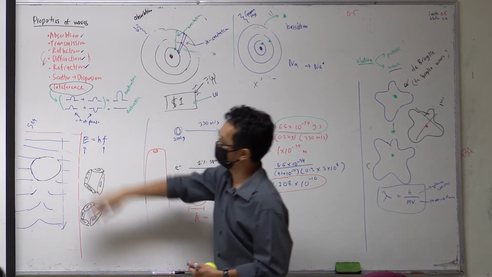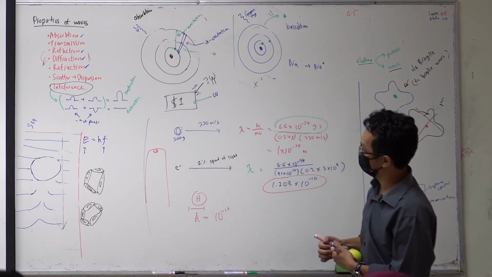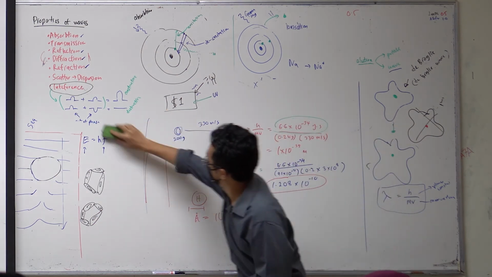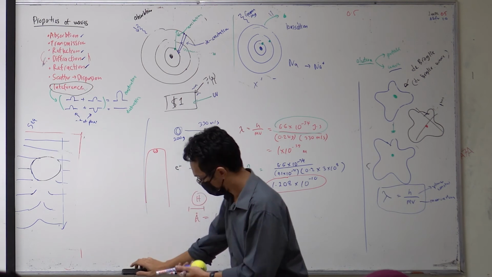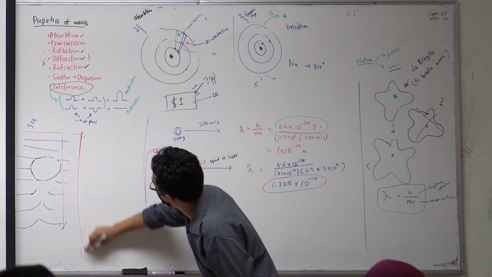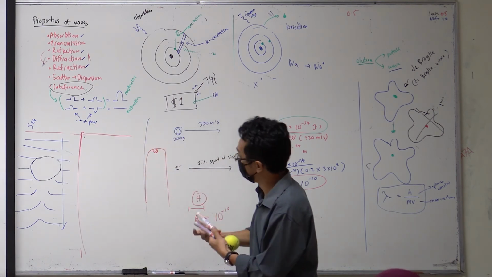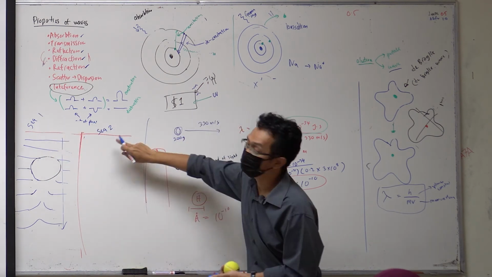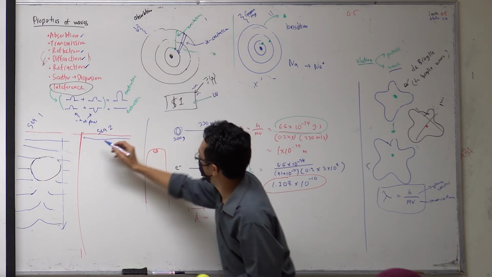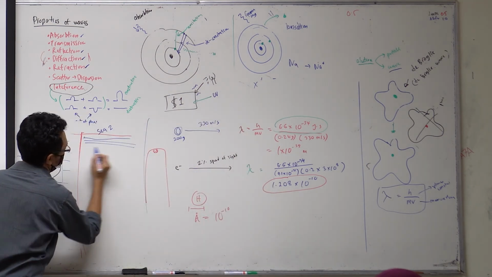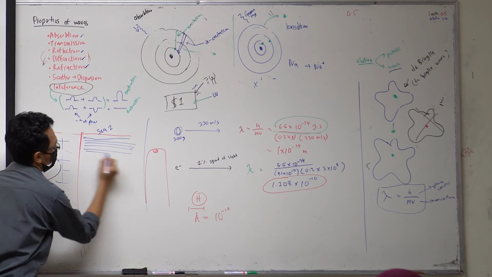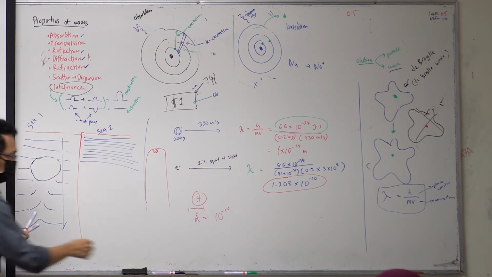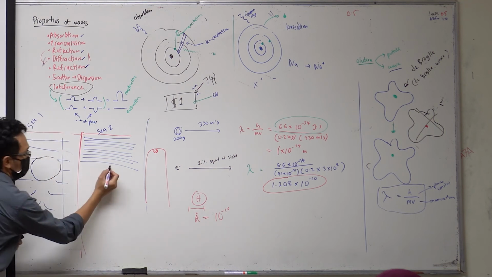Now imagine another sea on the side, so sea number 1, sea number 2, but this sea has a very small ripple, and then suddenly it meets the same object like this.